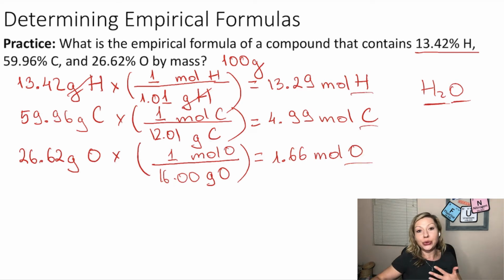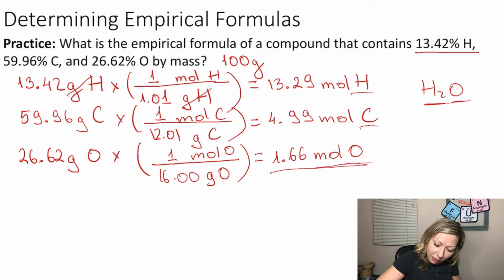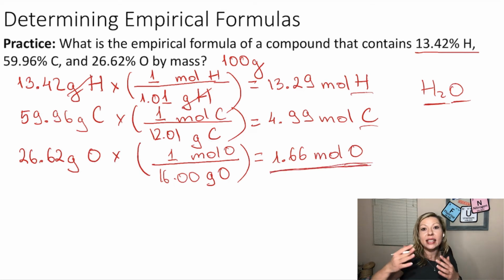How do I do that? Well, I'm going to take the element that has the smallest number of moles. Which one in this case has the smallest number of moles? Oxygen, right? And I'm going to calculate the ratio based on oxygen.